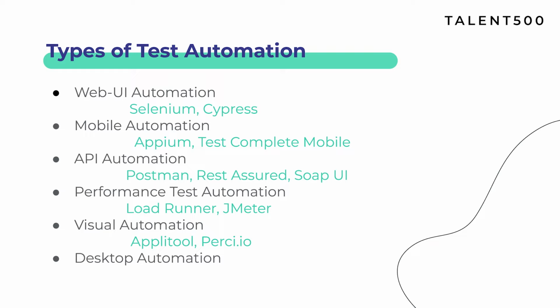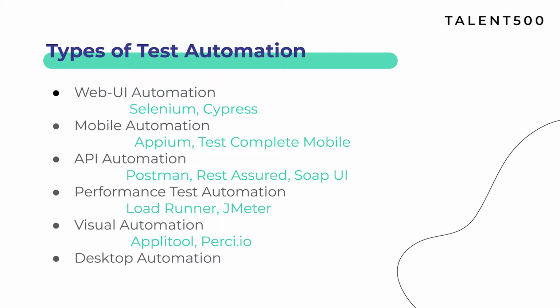This will save us a lot of time, guys, a lot of time. For the last 2 years I am using this tool and it is giving me very good results. It is saving a lot of time. So I will take a session on this one, don't worry, on how you can use Applitools with your existing UI automation also. Percy.io is also a good one. Percy is also a tool which can be used for visual automation.